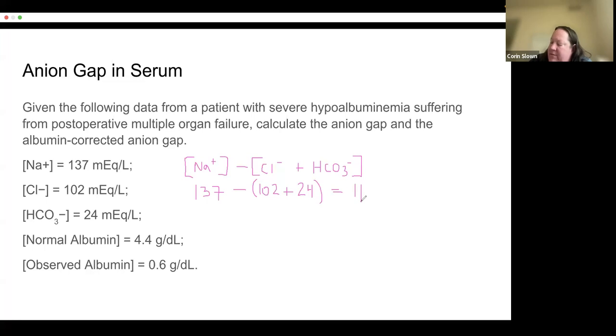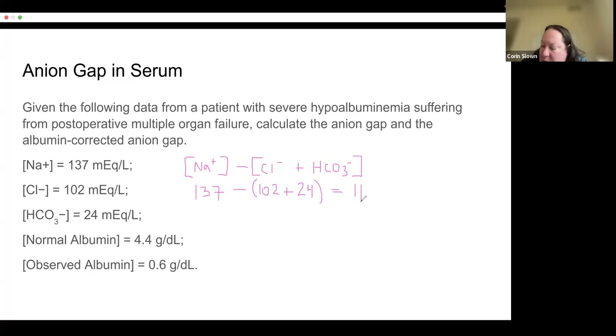So if we're thinking about the albumin corrected, it's really important for us to think about what's normal and then what's observed. Just double checking my calculation. All right, so we want to correct for albumin.